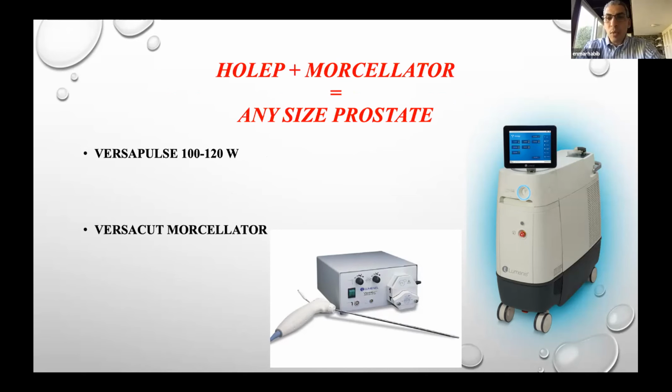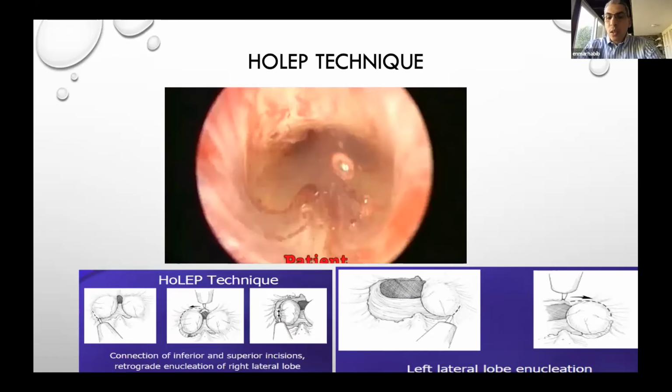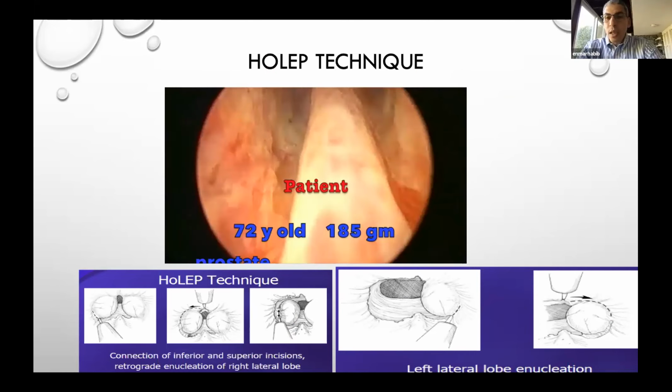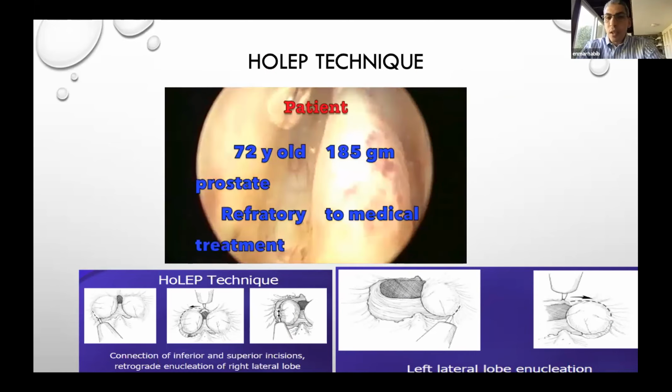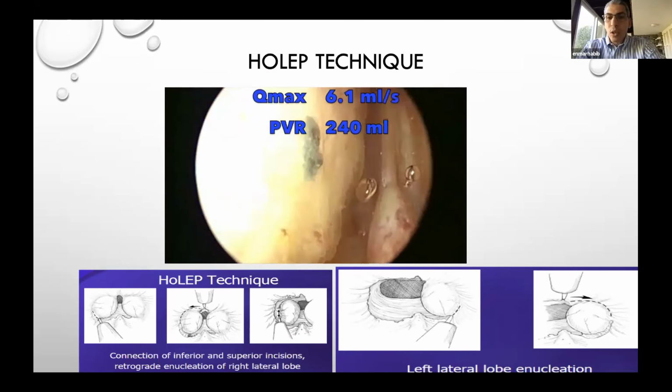So what do you need to start a HoLEP center? You need a high power holmium machine, a 100 or 120 watt laser, and you need a morcellator. The technique of holmium laser is simple.